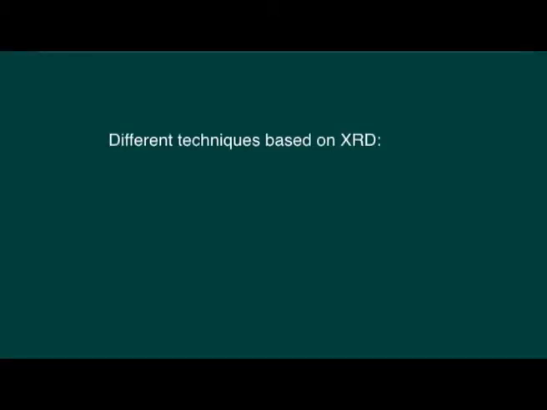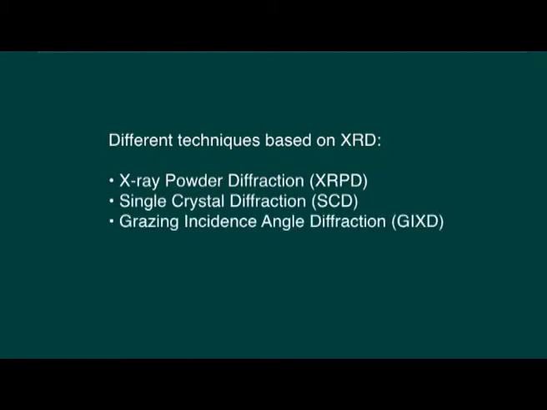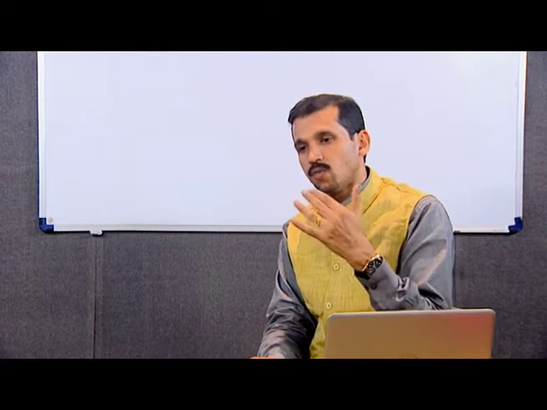First, X-ray powder diffraction. Second, single crystal XRD diffraction, grazing incident angle diffraction, X-ray reflectivity, and small angle X-ray scattering. I am not detailing all the 5, but for a preliminary study, the first and foremost and the most widely used technique for the XRD is X-ray powder diffraction.